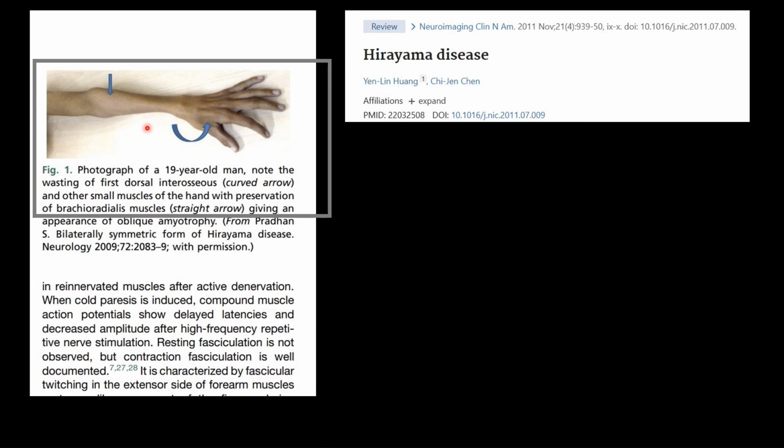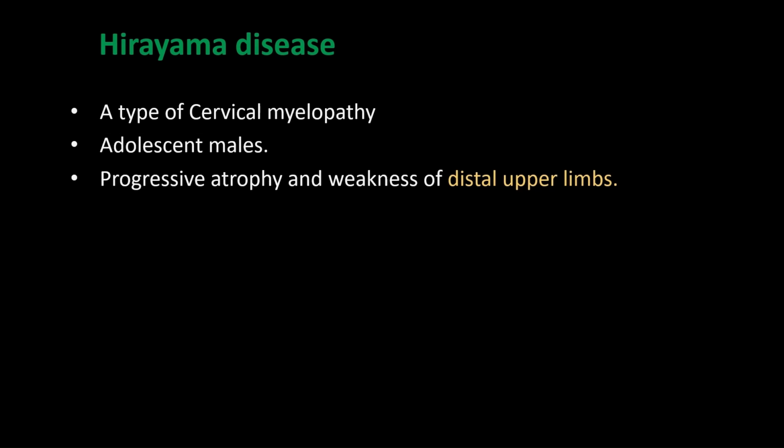Now here they have given an example. You can see muscle wasting in the upper limb, especially the distal upper limb, and there is some sparing of the brachioradialis muscle here. So Hirayama disease is a type of cervical myelopathy, mostly occurs in adolescent males, and there is progressive atrophy and weakness of the distal upper limbs.